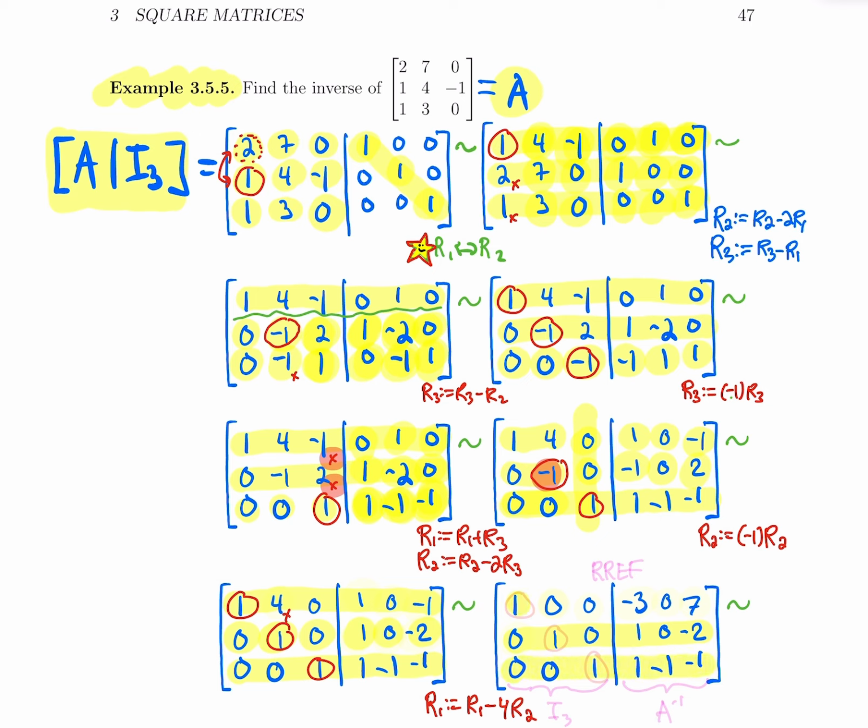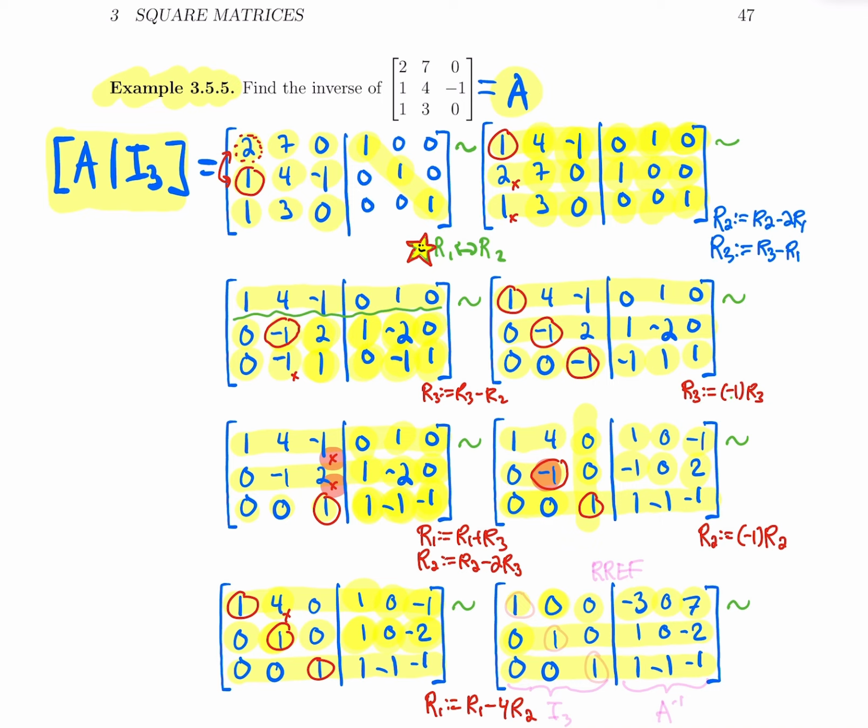Of course, 1 minus 4 times 0 will be 1 again. 4 minus 4 times 1. Of course, you're getting a 0 here. That was the point. Those two zeros playing with each other will not do anything. 1 minus 4 times 1, that's minus 3. 0 minus 4 times 0, that's 0. And minus 1 minus 4 times minus 2, which is plus 8, will give you 7.